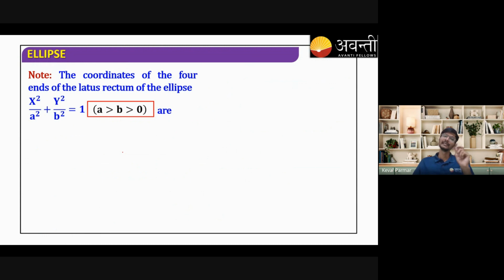In the first quadrant we have L as (ae, b square upon a). So what will be the coordinates of L dash? L dash was in the fourth quadrant. So just adjust the sign according to the fourth quadrant. In the fourth quadrant, y is negative. So we'll get minus b square upon a.